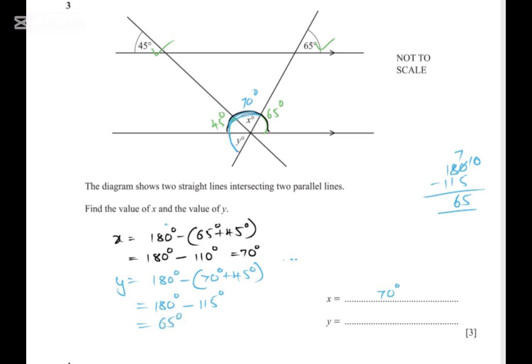You can also do this using vertically opposite angles. This one and this one are equal, 65, so you can directly write it like that. So y is 65. Question number 3 is done.